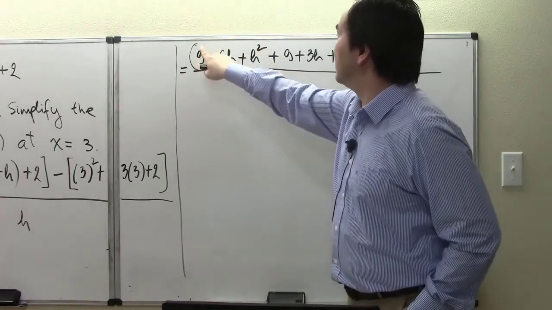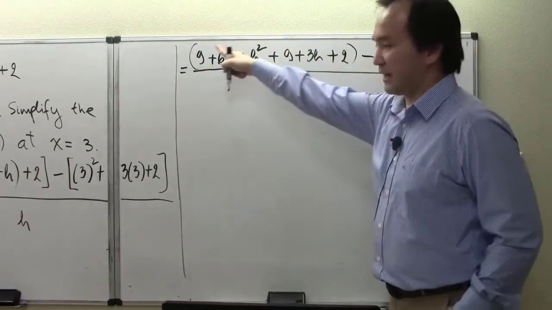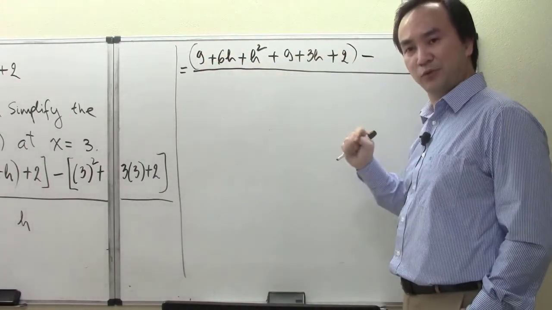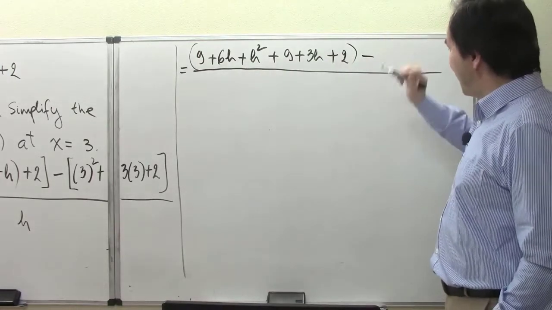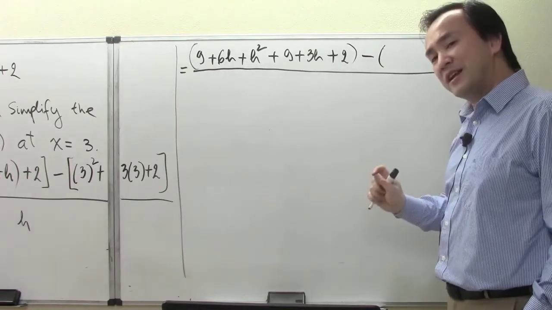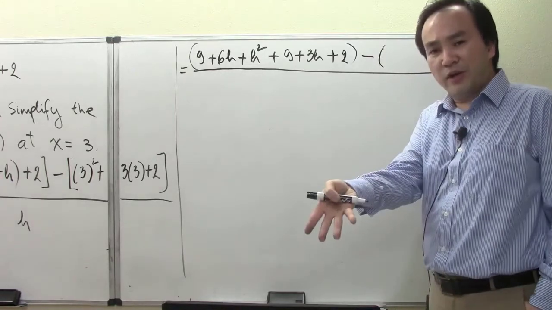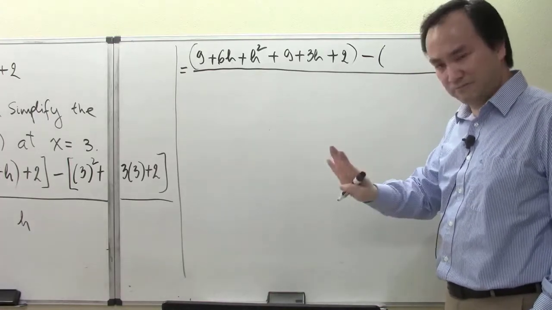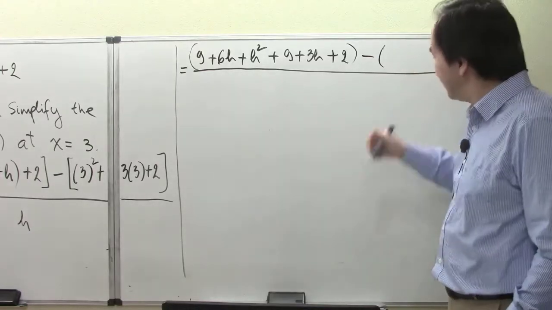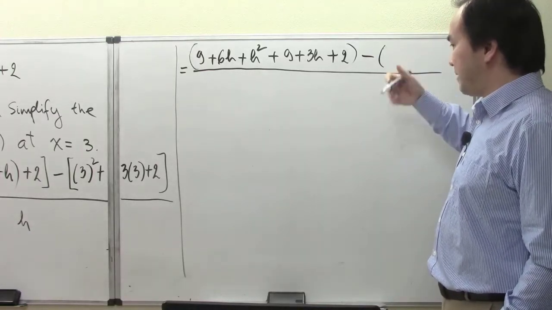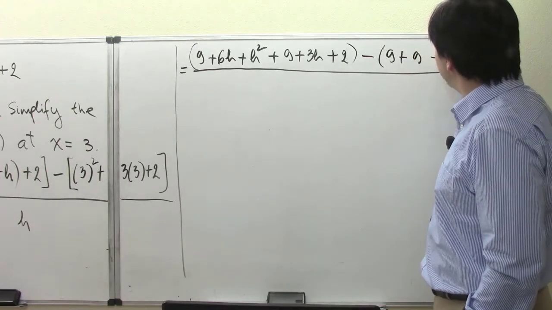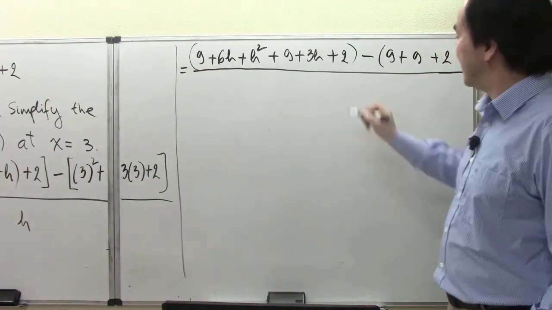And so all that here is the after-FOILed f of 3 plus h, and then minus f of 3. Again, I don't want to do mental math here. I don't have a calculator up here, but no worry, that's not the big thing here, because algebra can help you cancel a lot of these out. So I'm going to save my mental math for other useful work. So here's 9 plus 2, okay, and then all over h.